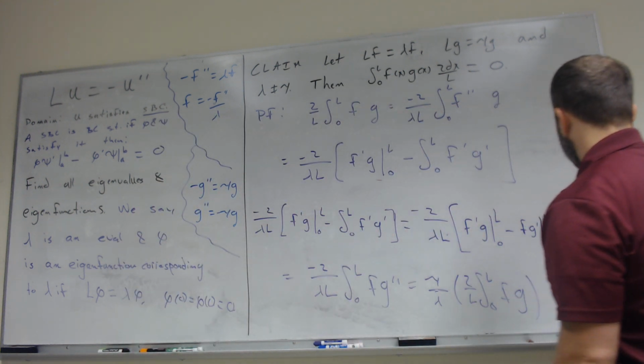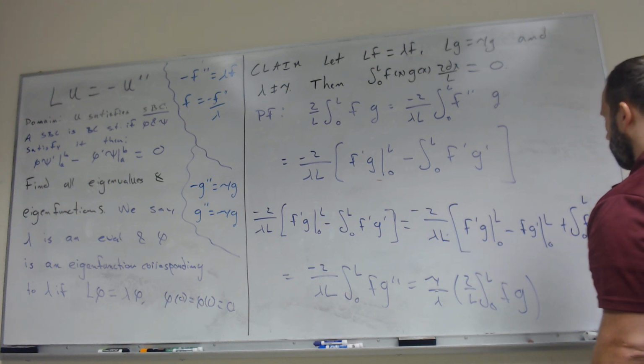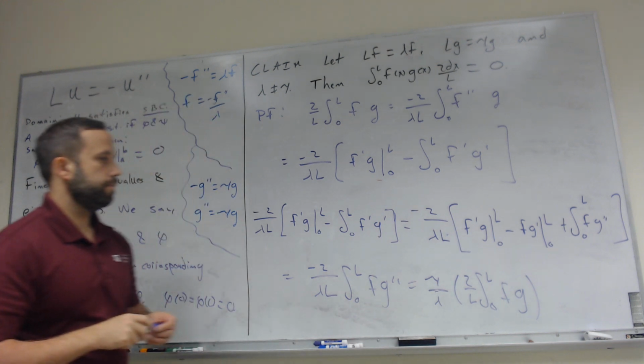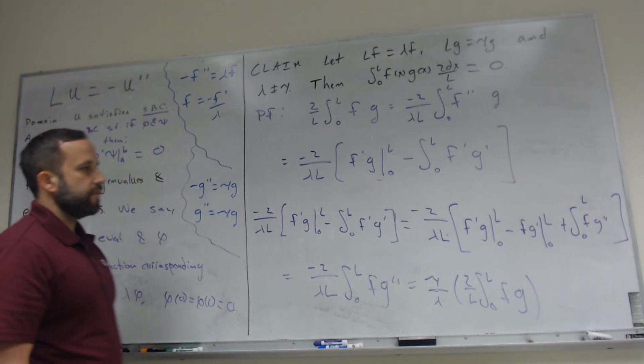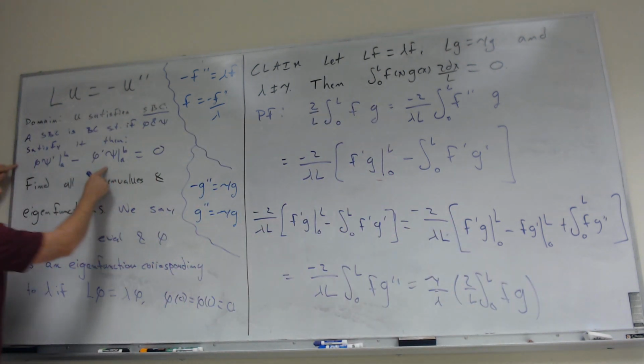So now it's plus the integral from 0 to L of F G double prime. Okay, but now F and G satisfy the symmetric boundary conditions, and by definition, it means that's equal to 0.